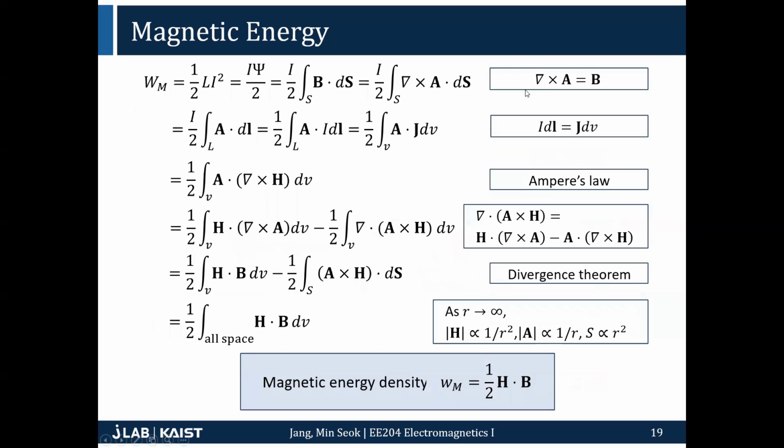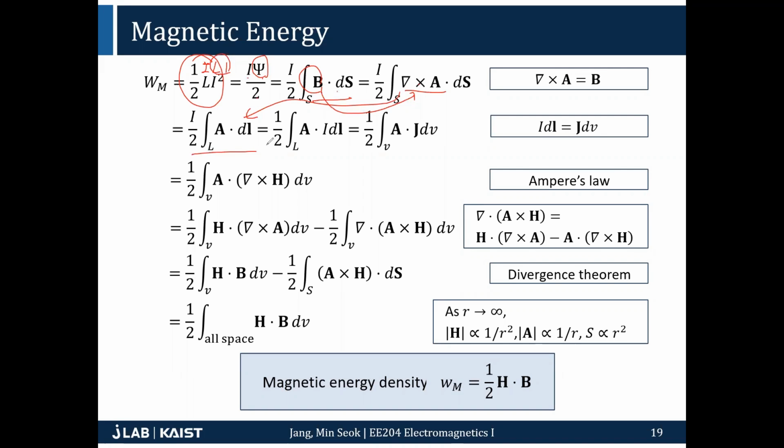And then you can also manipulate this equation a little bit. We begin with 1/2 Li squared. Li squared is I times Li, and Li is psi. So it's I psi divided by 2. Psi, by definition, is the integral of B dot ds. And B, by definition, is curl of A. Right? And from here to here, we use Stokes' theorem, so the surface integral becomes a line integral.